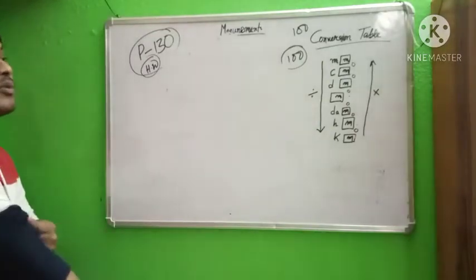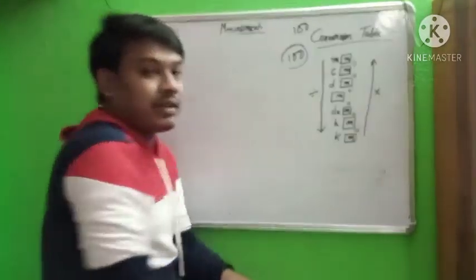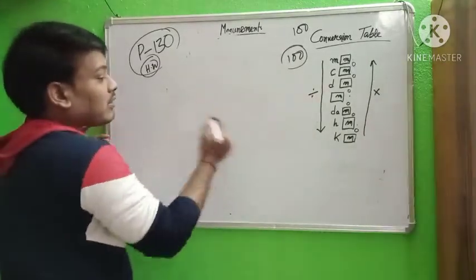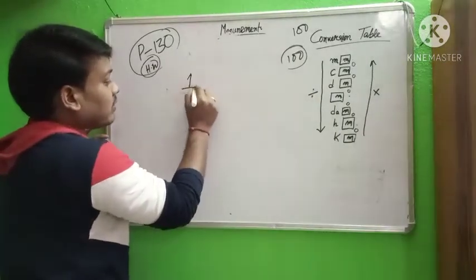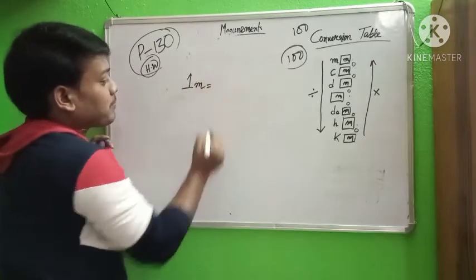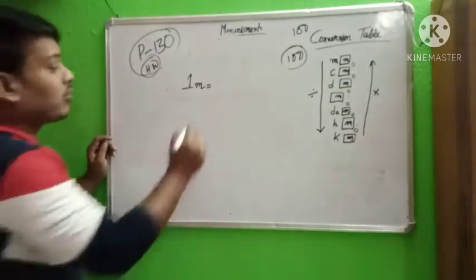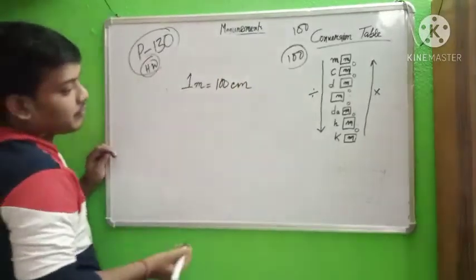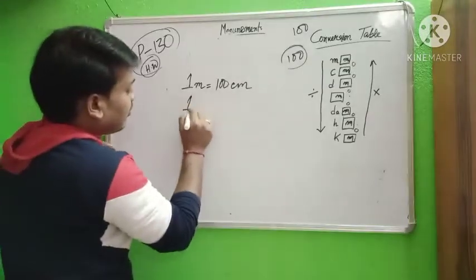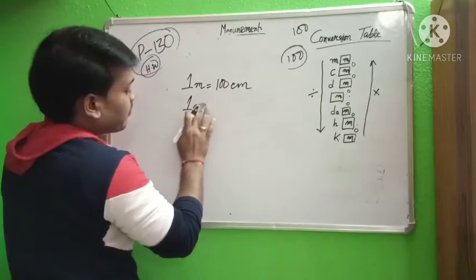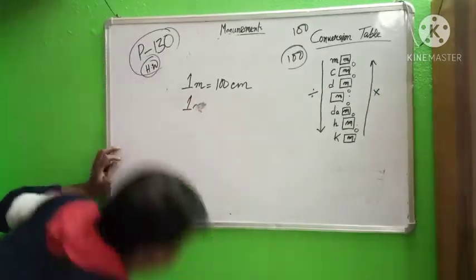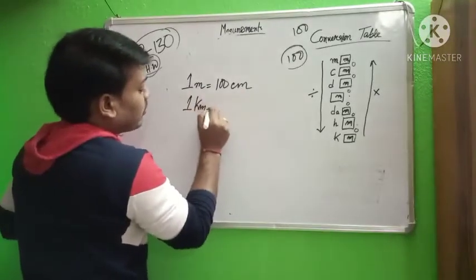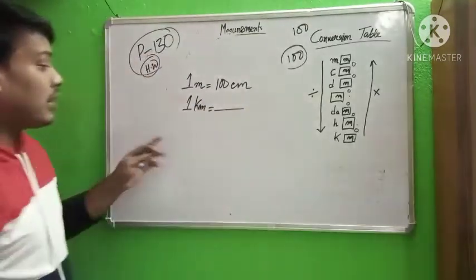In your book, the total table is not given. In your book, only the conversion of meter to centimeter is given. We have seen 1 meter equals 100 centimeter, and 1 kilometer equals how many meter.